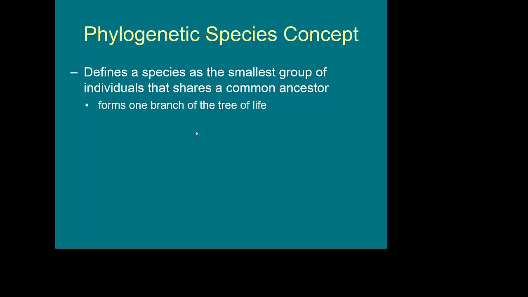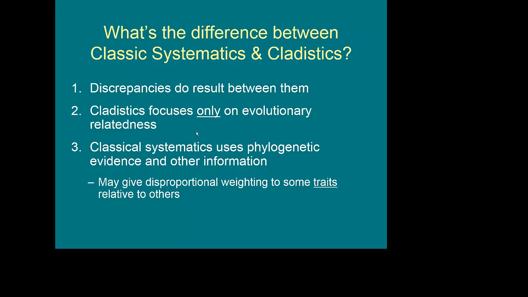So this idea of a phylogenetic species concept ties in with morphological and embryological concepts that we've talked about before, ecological and so on. The idea is trying to better understand these relationships, okay? So looking at the differences, we want to make sure that our cladistics is focusing on the evolutionary relatedness, but when we actually look at systematics and bringing everything together, we're going to use phylogenetic evidence, so molecular or gene evidence, okay?